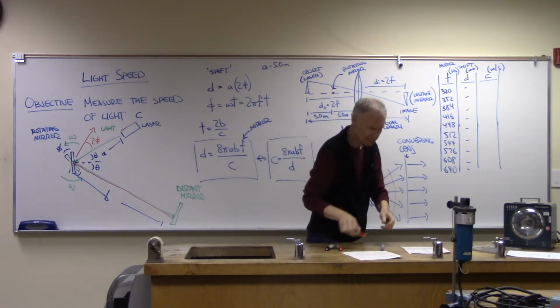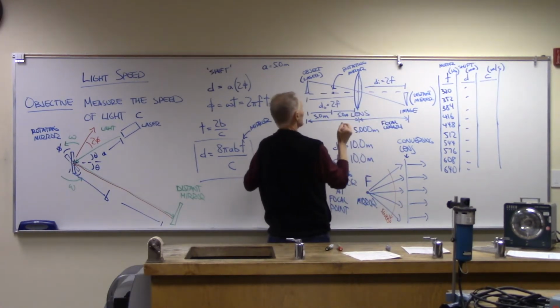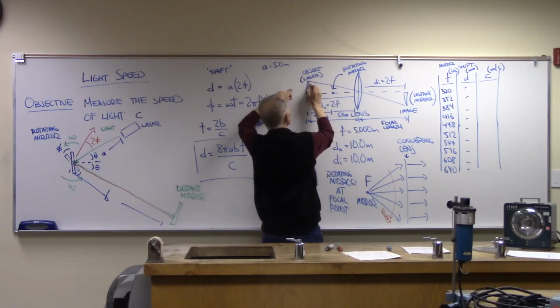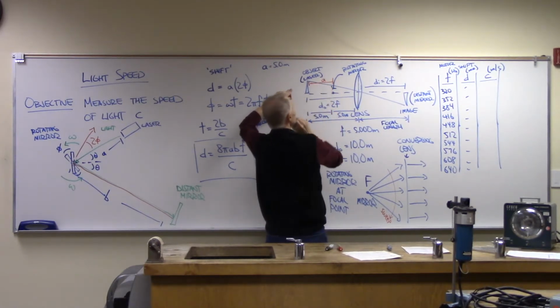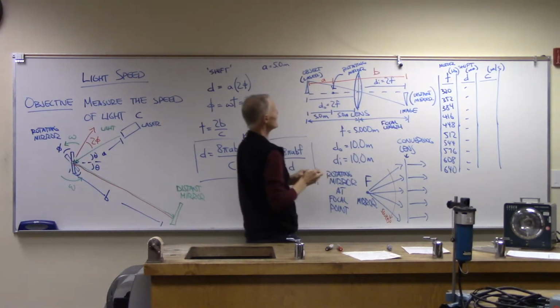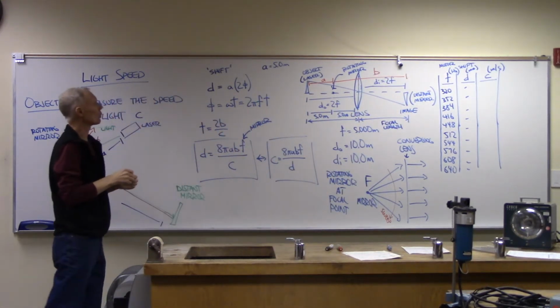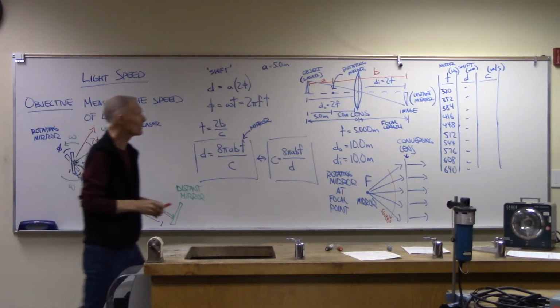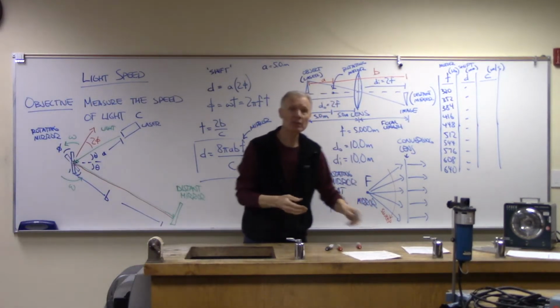Ooh, at the risk of really mucking this up. So that is distance A. That is distance B. There, the color worked. So A is going to be 5 meters. B is actually going to be 15.